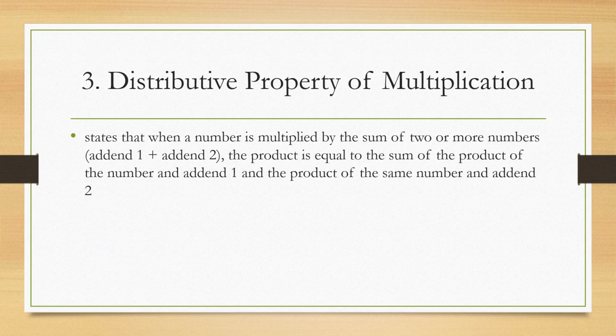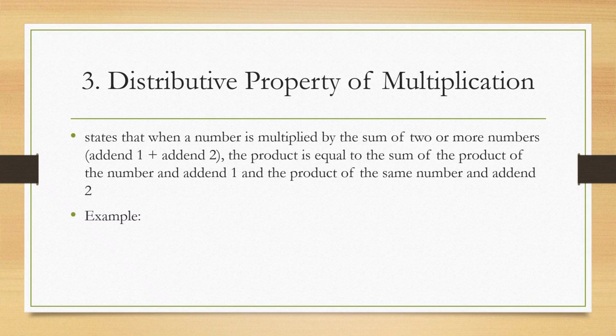This property states that when a number is multiplied by the sum of two or more numbers, which are referred to as addend 1 and addend 2, the product is equal to the sum of the product of the number and addend 1 and the product of the same number and addend 2.